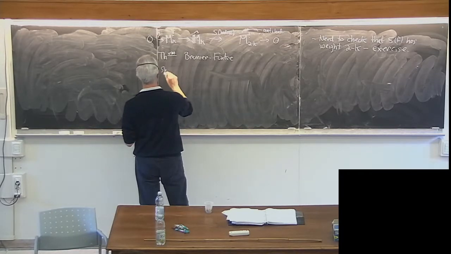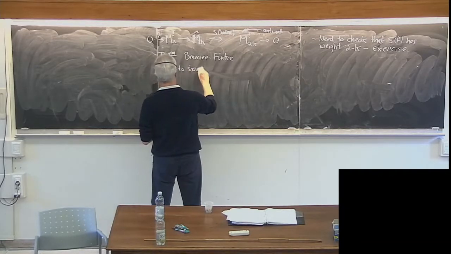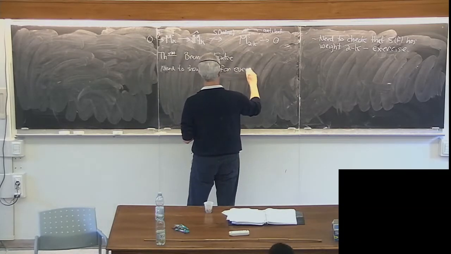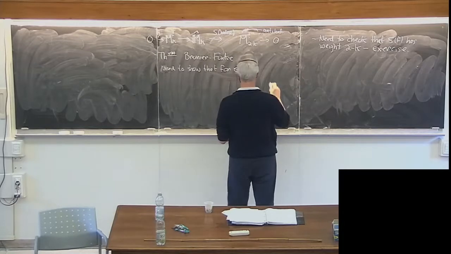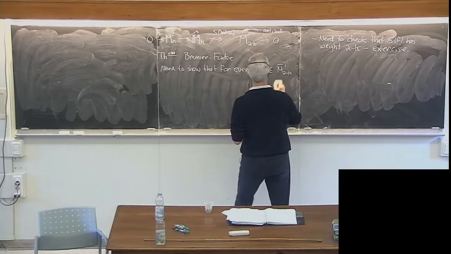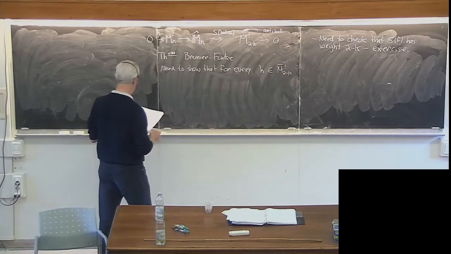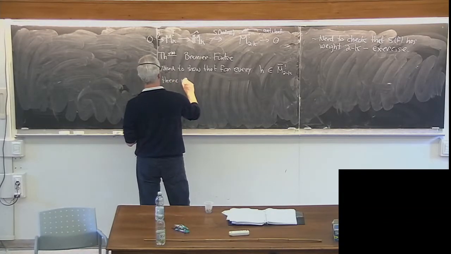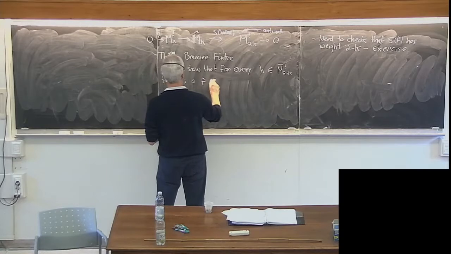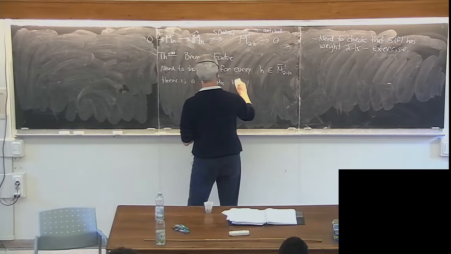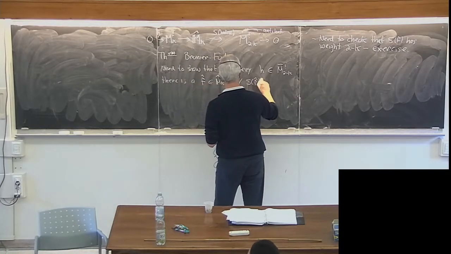that for every element in this space of weakly anti-holomorphic forms of weight 2 minus k, there is some element, let's call it f, or f hat, that maps to that element.